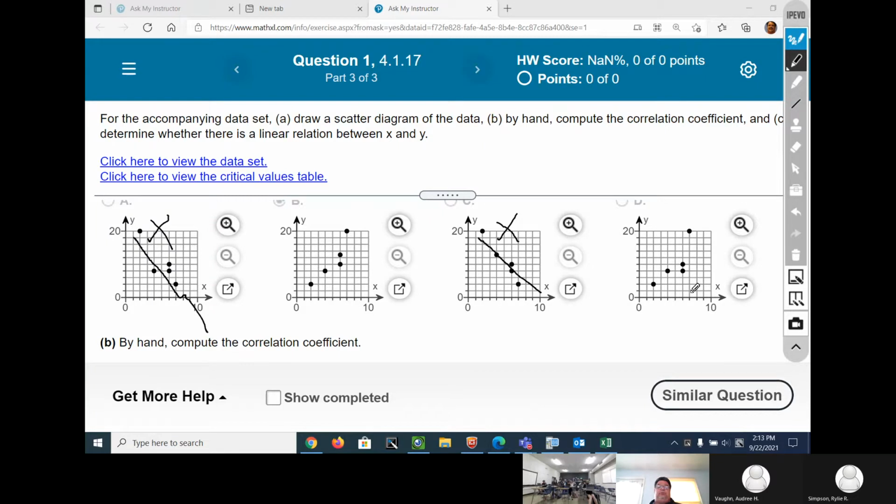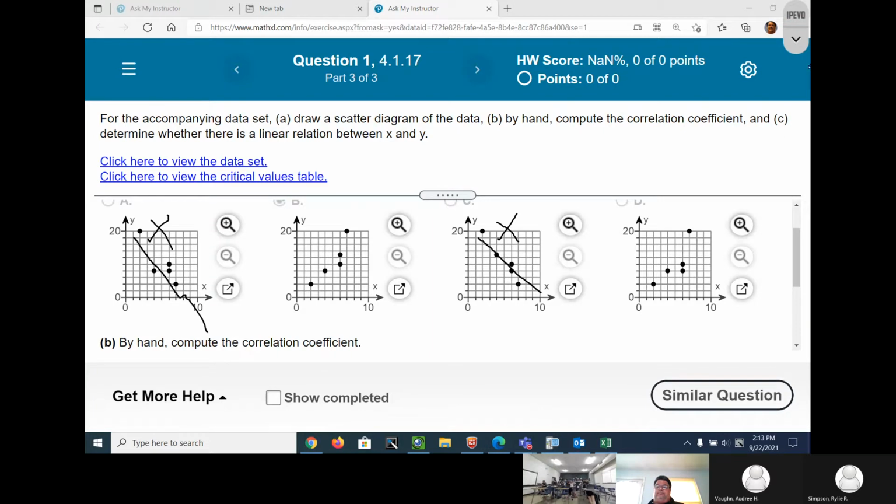I don't really see a difference, except these 2 are closer to each other. So let's see, that's 6 and, hold on a second. I don't have the points in front of me, so I need to go get them.